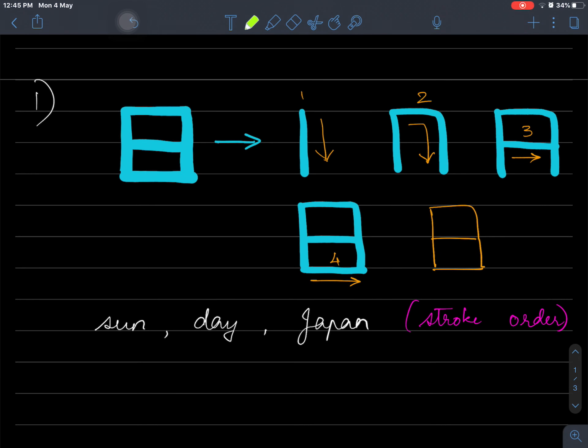So then, the kunyomi of this particular character can be he, it can be be, or it can be ka.